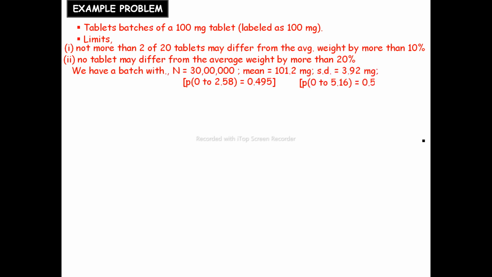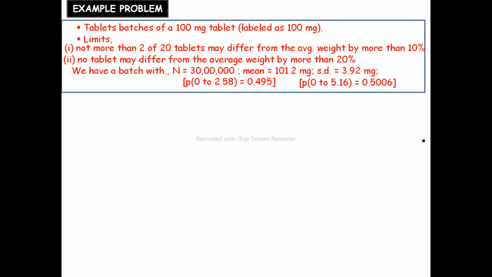Next, we have the batches: N is 30 lakhs, mean is 101.2 mg, standard deviation is 3.92 mg, and the probability area for 0 to 2.58 is equal to 0.495, and the area for 0 to 5.16 is equal to 0.5006. So this is our problem question.